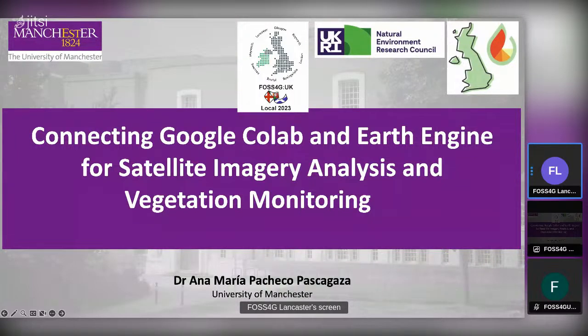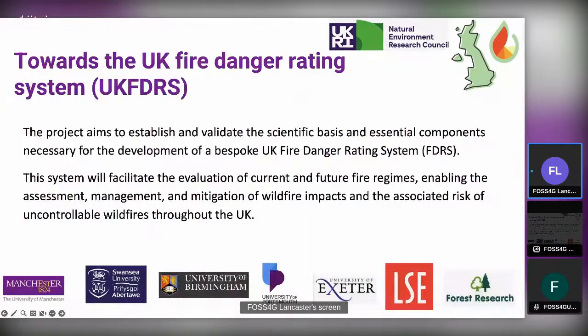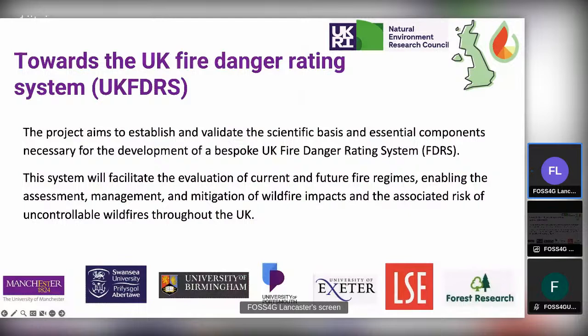Hopefully it's useful. But before that, I want to mention where I work. I work at Manchester University, in a project called Towards the UK Fire Danger Rating System. In this project, we are trying to put together all the scientific basis and the essential components for developing a UK fire danger rating system.